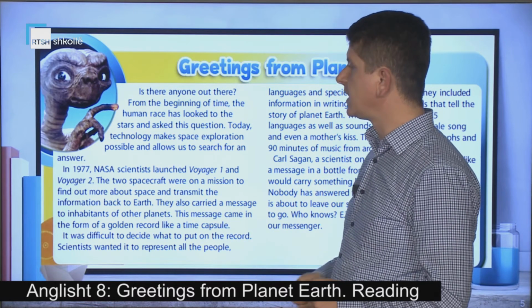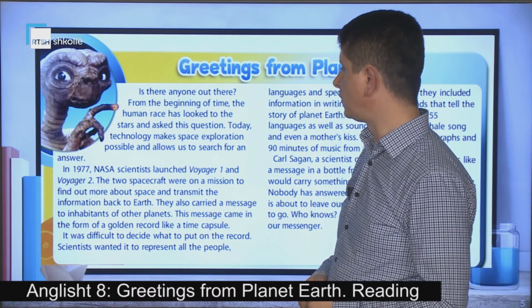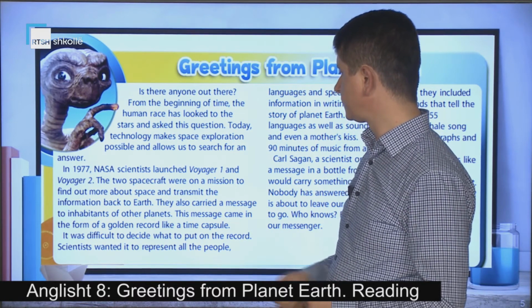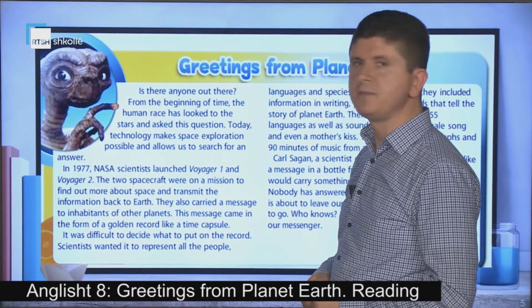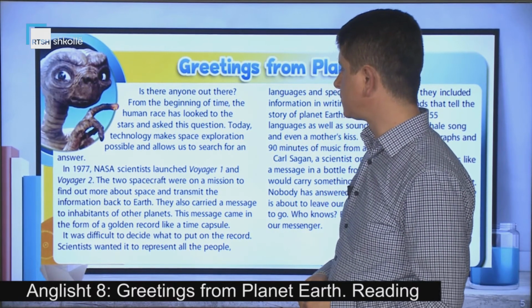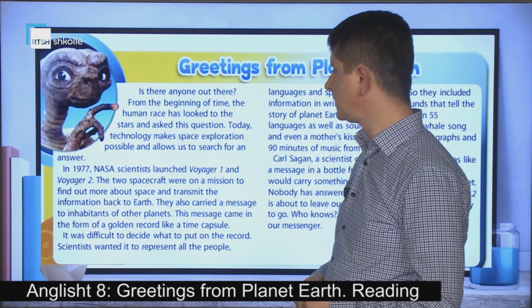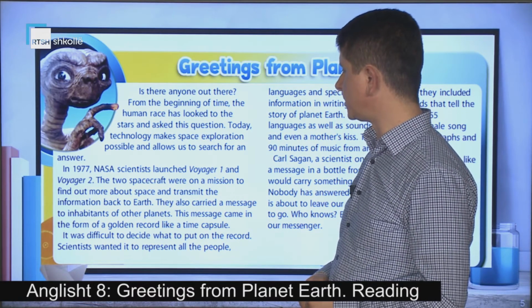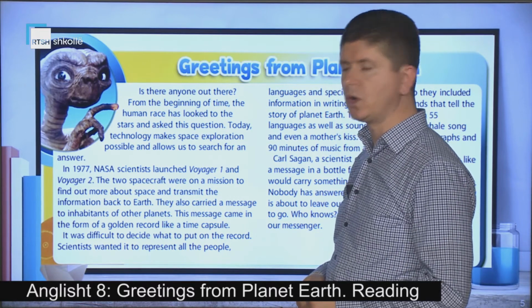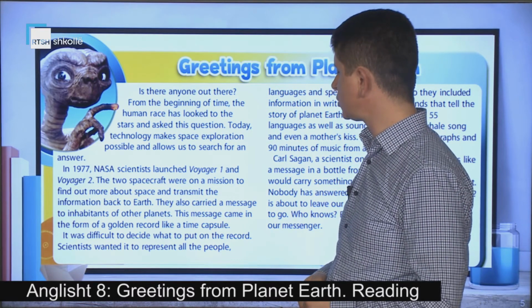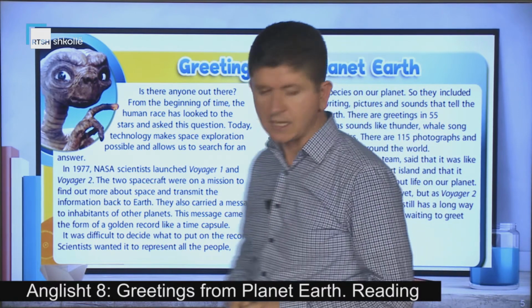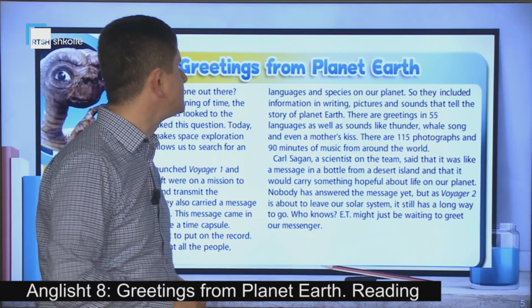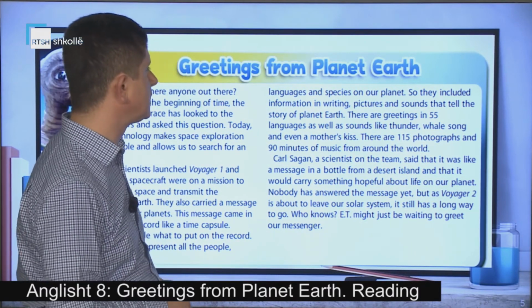They also carried a message to inhabitants of other planets. This message came in the form of a golden record, like a time capsule. It was difficult to decide what to put on the record. Scientists wanted it to represent all the people, languages, and species on our planet.